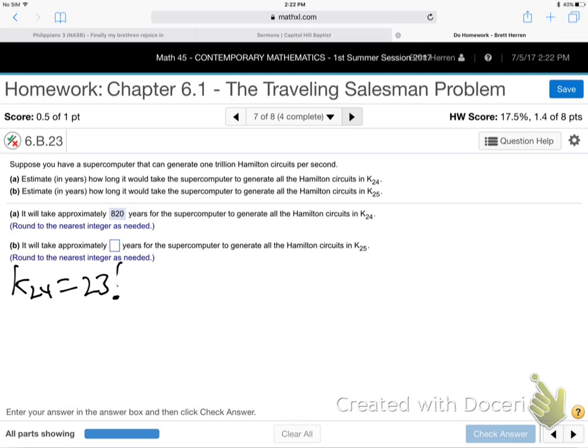That's how many total circuits, right? 23 factorial. You divide by a trillion. How do you divide by a trillion? Well, a trillion has 9 zeros. Because it can do 1 trillion circuits every second, you divide by a trillion circuits, and that's how many seconds it takes.